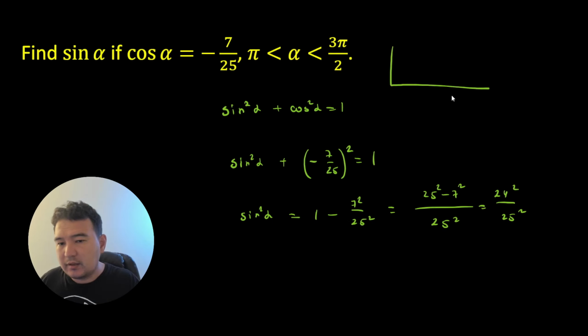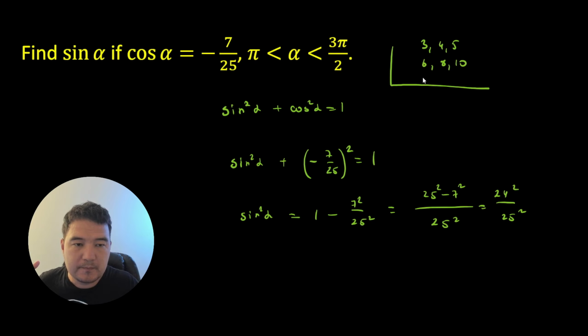There are several very common Pythagorean triples, like 3, 4, 5, or 6, 8, 10, what else? 5, 12, 13, and then 7, 24, 25.